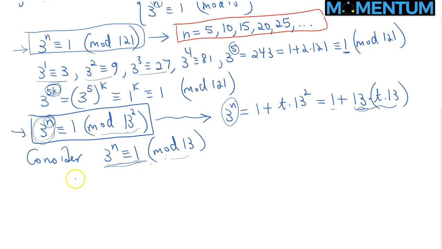Obviously 3 cubed is 27 and it solves it, so this implies n is equal to 3. So we know that the solution to this one with 13 square in mod 13 square must be a multiple of 3, but exactly which one is not yet sure.